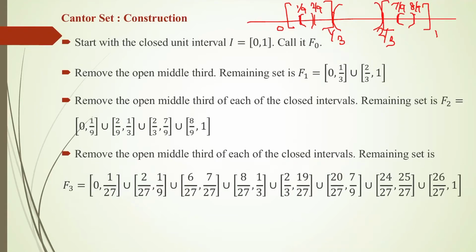And we will end up with F3, which is equal to closed interval [0, 1/27] union closed interval [2/27, 3/27], which is 1/9, union [6/27, 7/27] union [8/27, 9/27], which is same as 1/3, union [18/27, 19/27] union closed interval [20/27, 21/27], which is same as 7/9, union closed interval [24/27, 25/27] union closed interval [26/27, 27/27], which is same as 1.